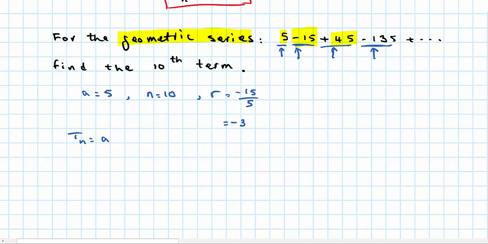Tn equals a r to the power of n minus 1. Substitute in T10, a, the common ratio to the power of 9, and that gives me negative 98,415.